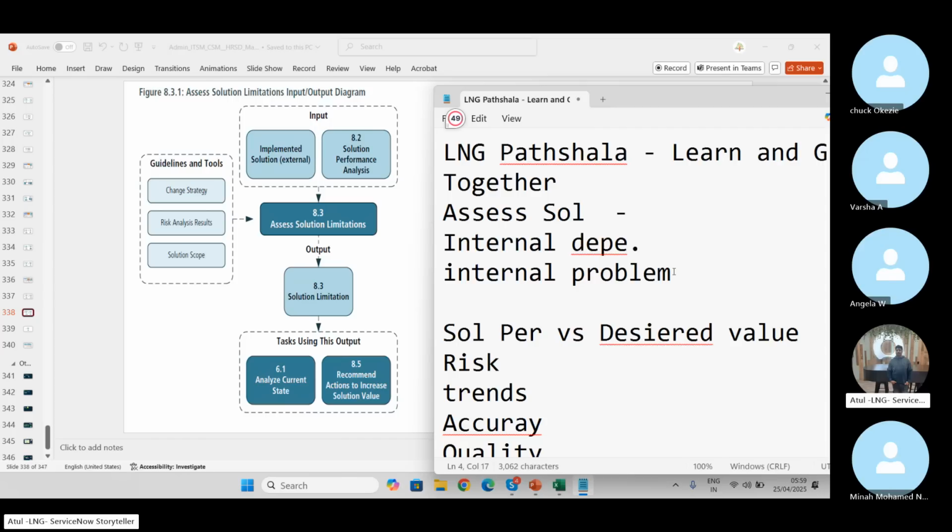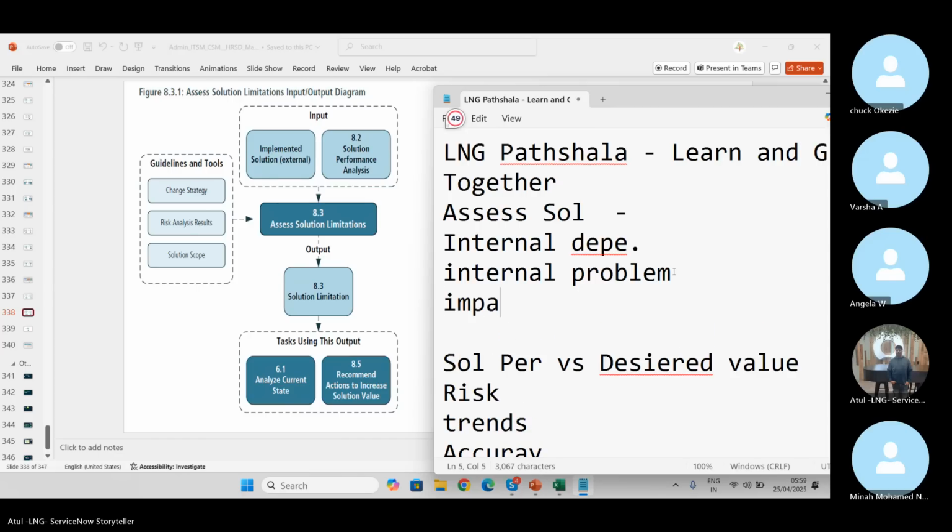Investigate the internal problems: what are the reasons, what is the problem statement here? Skill, resources, education, training, platform, tool. What is the problem here? And then impact.